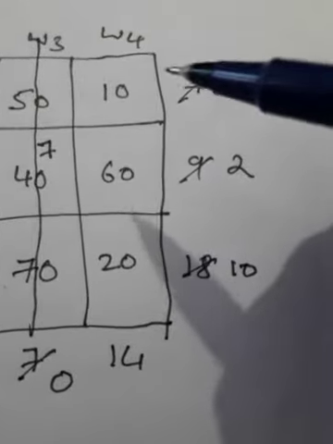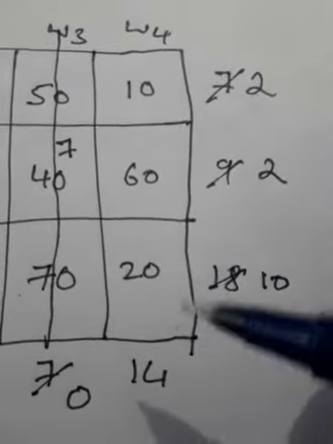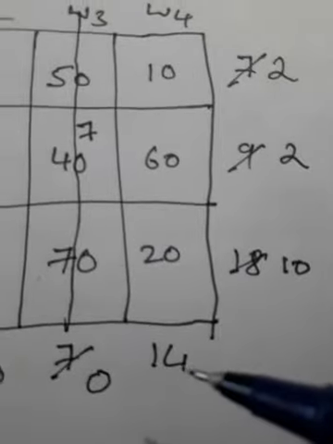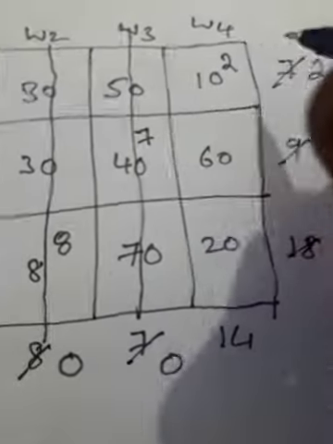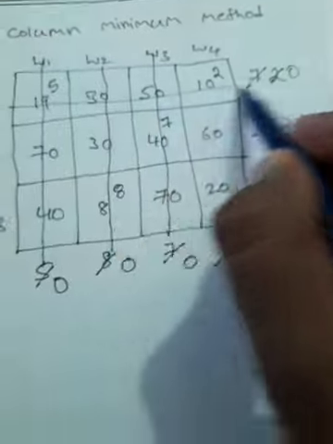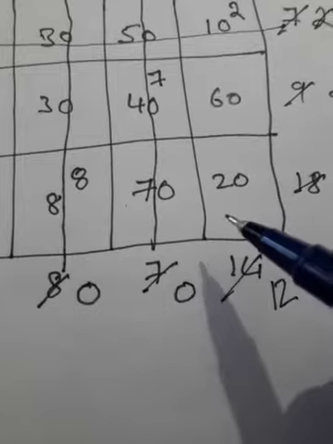Now in the last column, the values are 10, 60 and 20, and the minimum value is 10. This warehouse requires 14, but factory 1 has a capacity of 2 units, so we can supply only 2 units. This is now 0, and here we are left with 12. Strike out this row. Now between 60 and 20, the minimum value is 20.